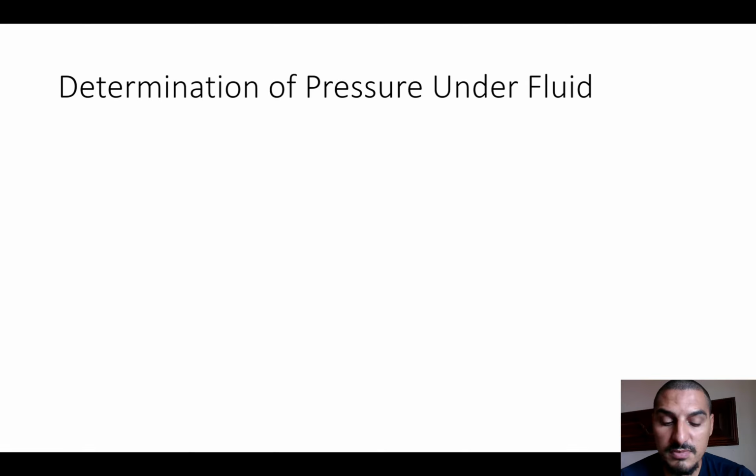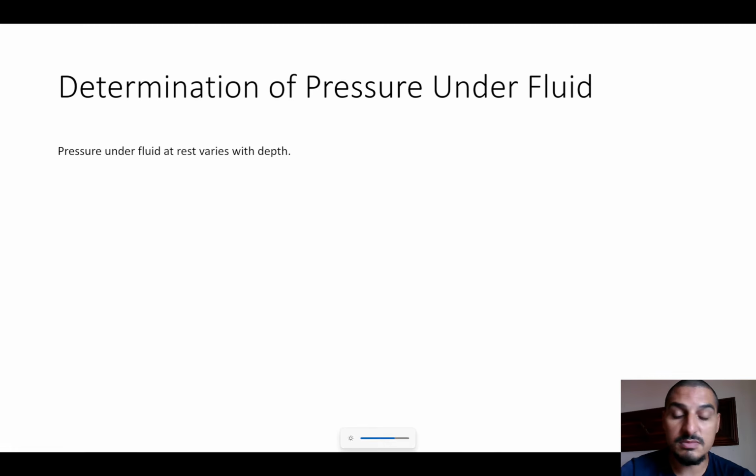It's affecting a point from all directions with the same magnitude. To be able to find this magnitude, we got this from some experimental results that we found, that the pressure of the fluid at a point under a fluid varies with depth.